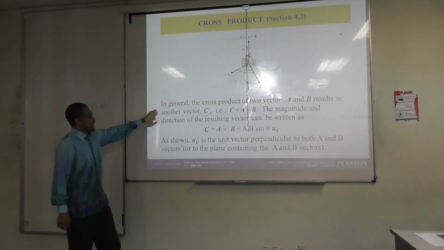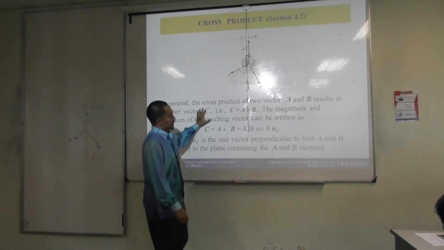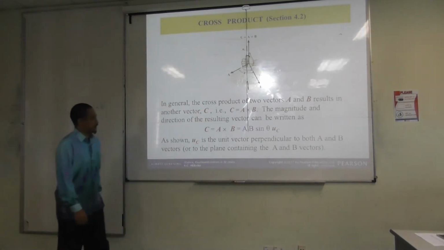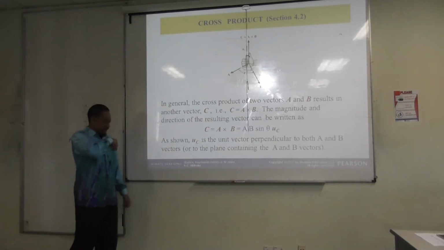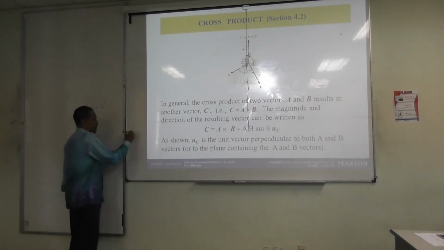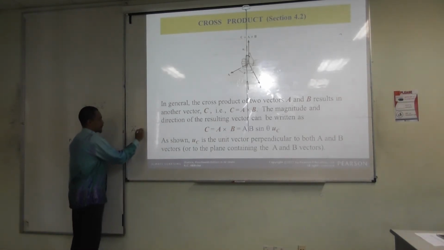So anyway, in general, the cross product of the two vectors A and B results in another vector C. Now, if you still remember, if you have A dot B, do you have a vector or scalar? You get scalar, right? So this is where it's different. A cross B, you will get a vector.